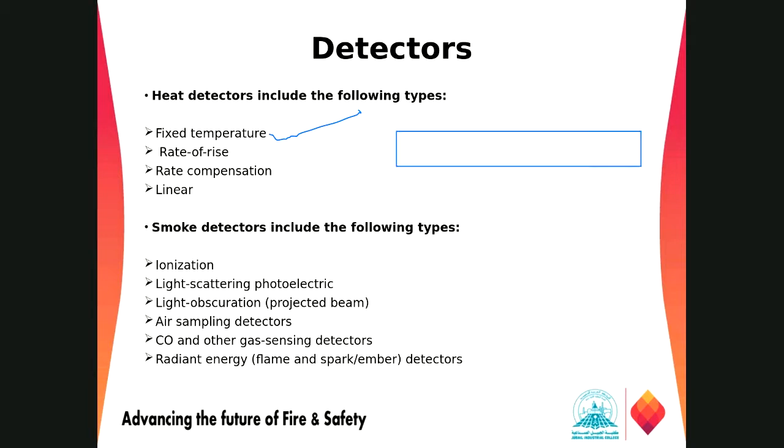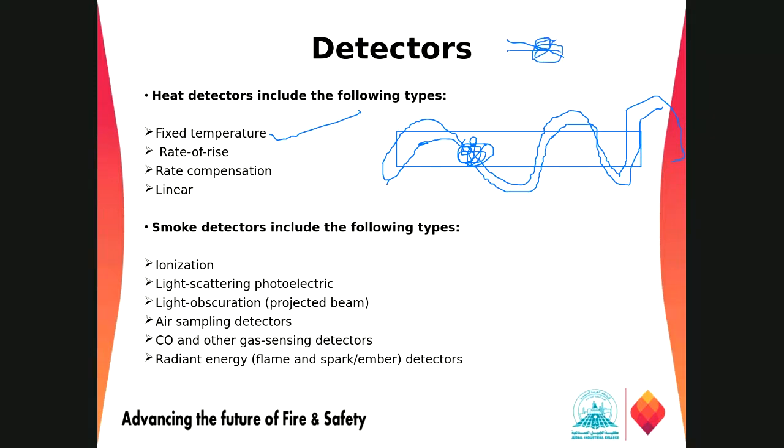They wrap the linear heat detector, which is just like a wire, around those raceways. If there is a fire in any area, the wire will melt, and once it melts, the positive and negative connections short circuit. Due to that, you get information about the exact location of the fire.